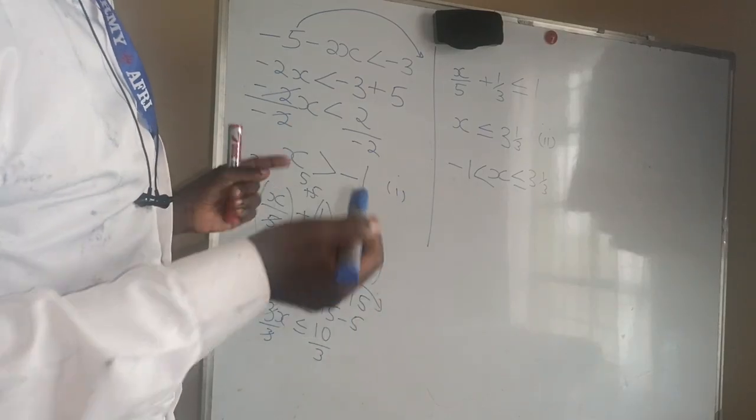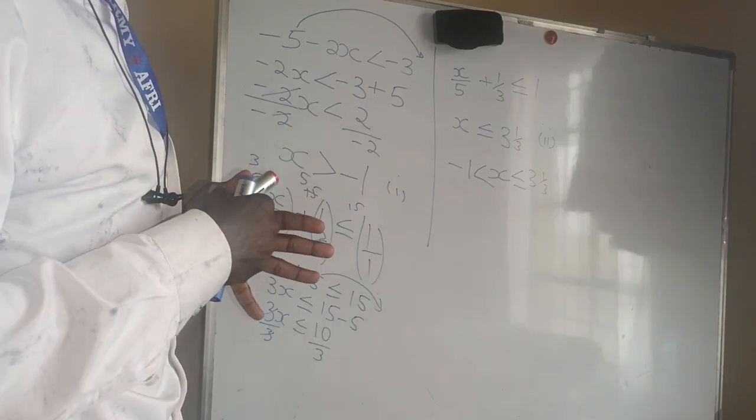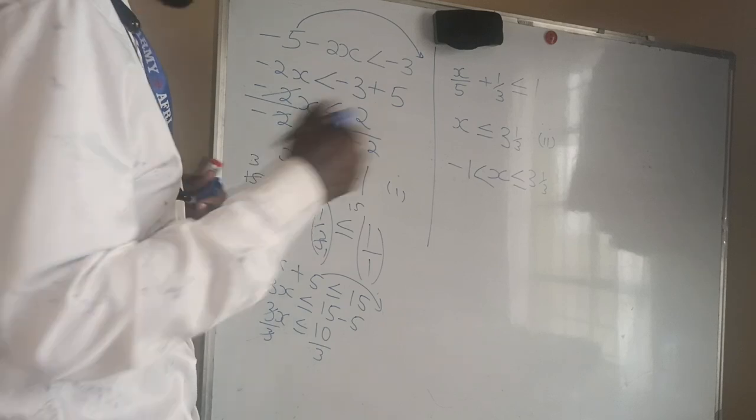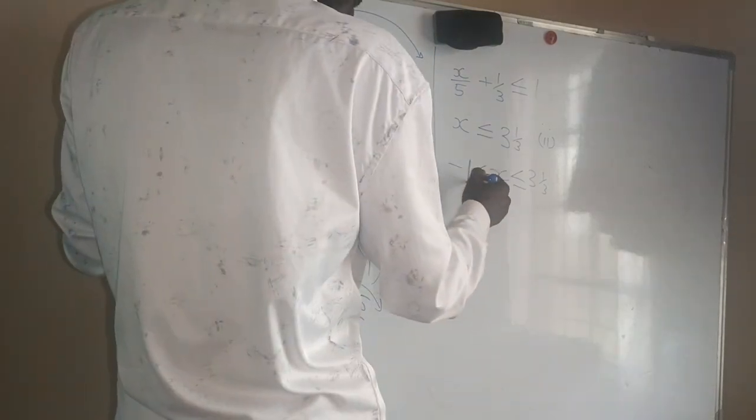If someone talks about you writing down all the integral values that can satisfy this combined inequality, please just take note of the following. If you have this as your inequality, this or this, don't include the value. Don't include the solution. Okay. So if this is my value and I have these inequalities, please include the solution in your integral values.